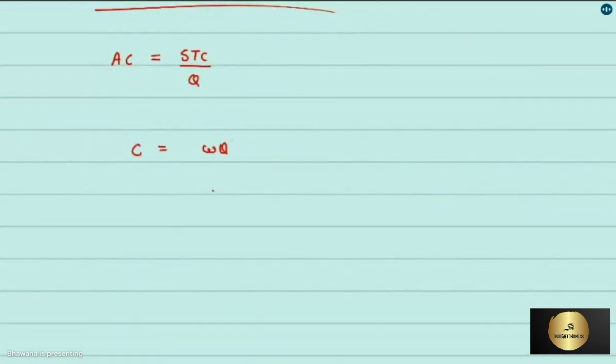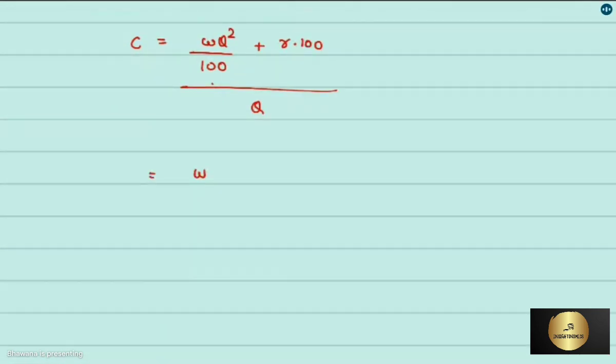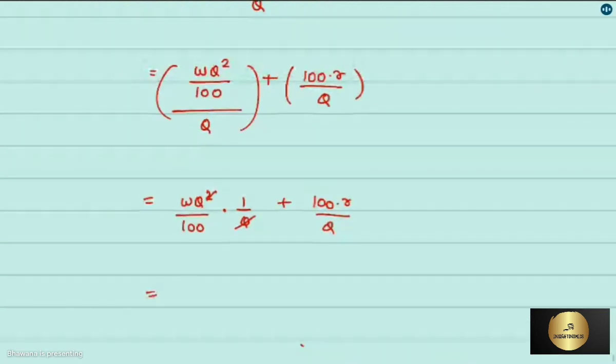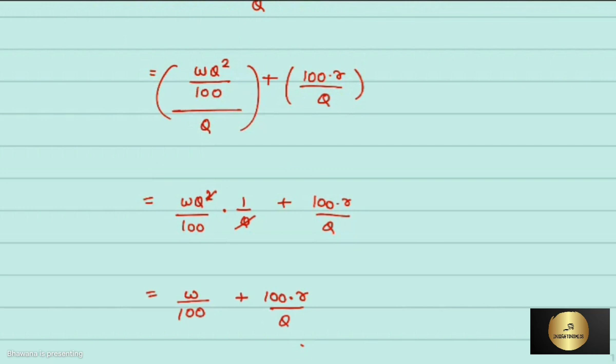So C is equal to W Q square divided by 100 plus R into 100, and you need to divide it by Q. So when we solve it, W Q square by 100 divided by Q plus 100 R divided by Q. Taking the denominator up, you will get W Q square divided by 100 into 1 by Q; Q cancels with Q, plus 100 into R by Q. So you are left with W Q by 100 plus 100 into R by Q, which is the average cost in short run.